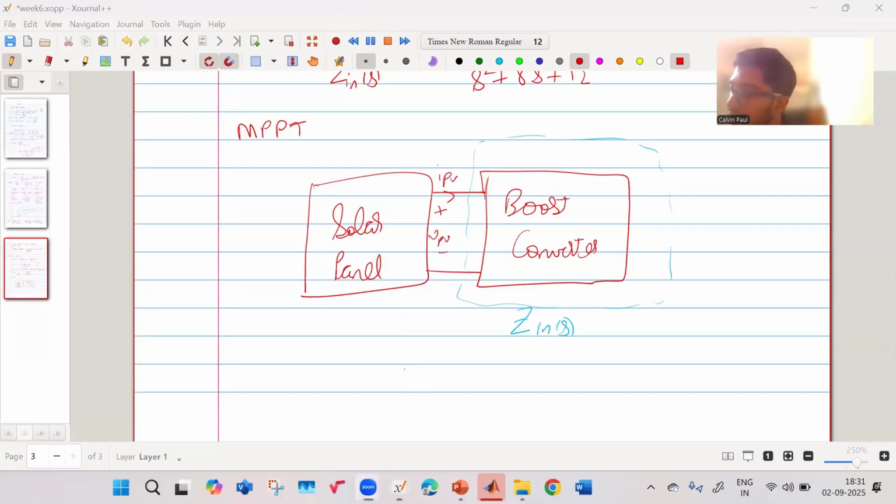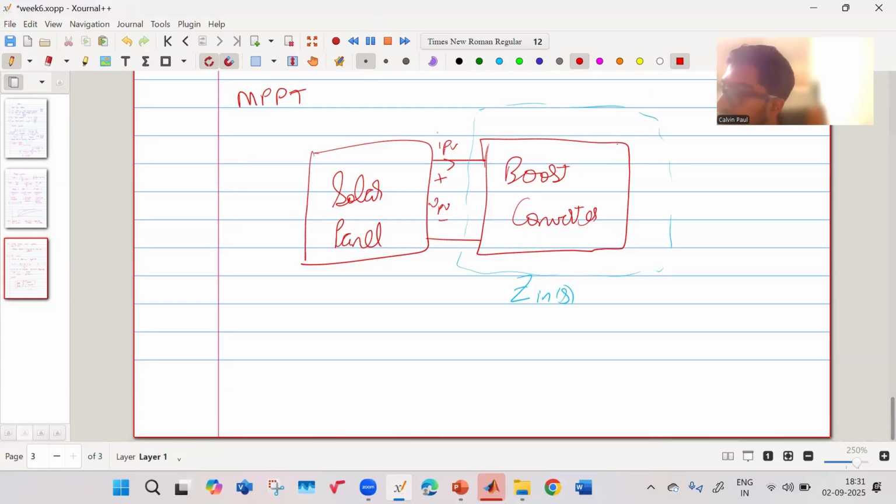Now, to extract maximum power, you have to match this input impedance with the effective impedance of the solar panel, because you want it to operate at this point. This is your VPV, PPV. This is the point where you get Pmax, where you can extract maximum power. So you want your voltage to be set at this value. For that, you have to match the input impedance of the boost converter with the input impedance of the solar panel.